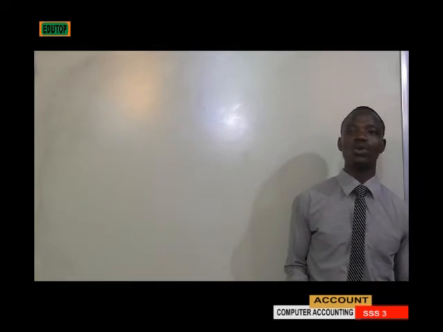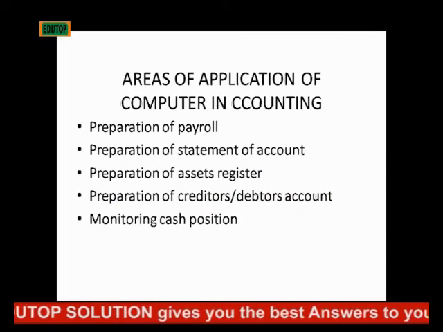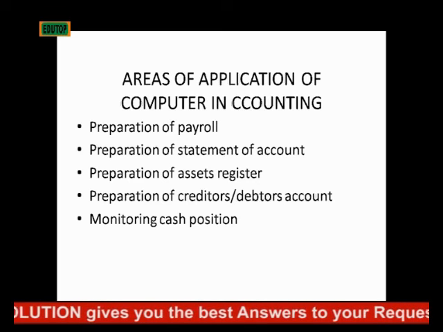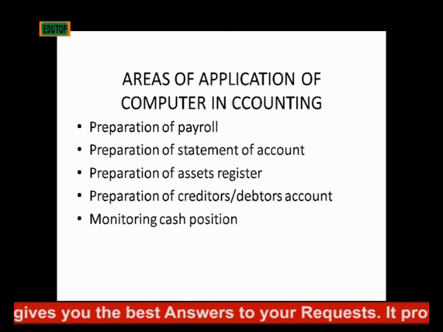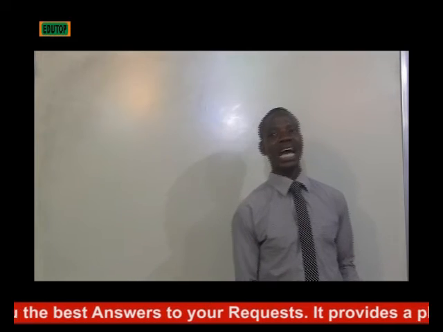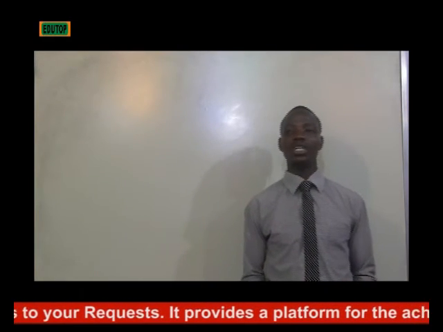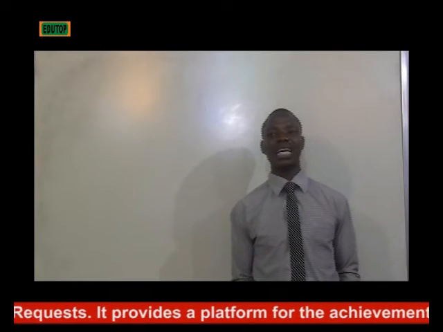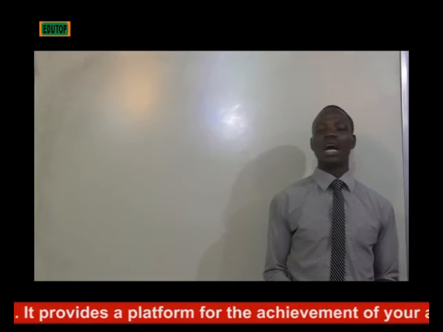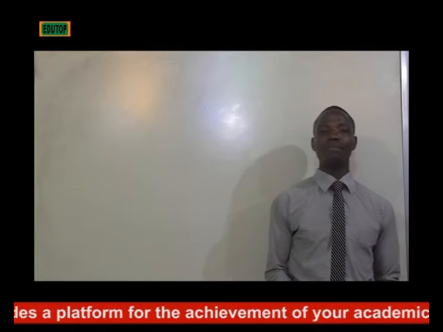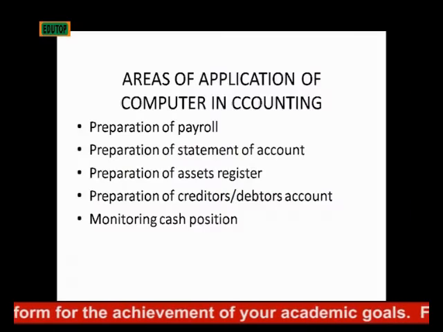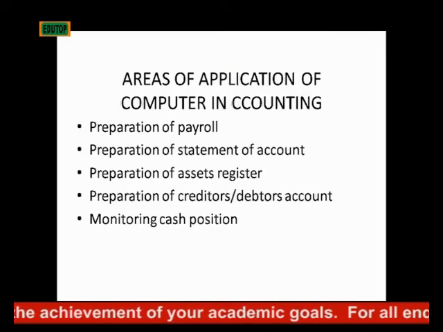So application packages also aid in preparing statements of account. There are some packages designed to prepare only statements of account, which is the trading profit and loss account and the balance sheet as at that day, which makes the work easier and very fast.